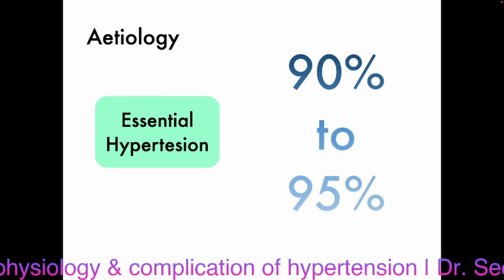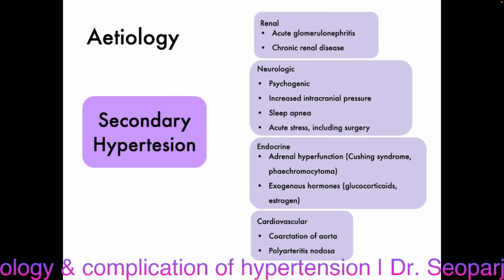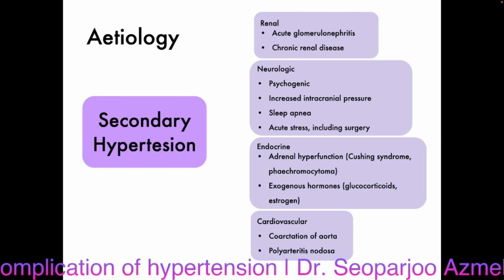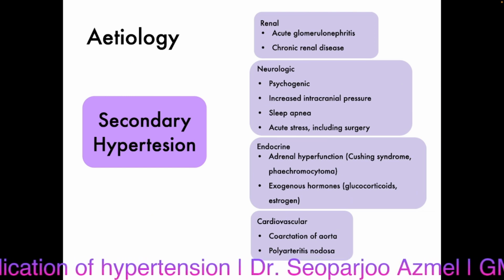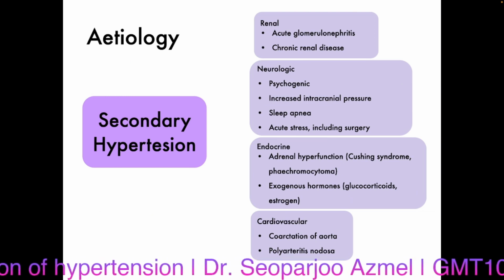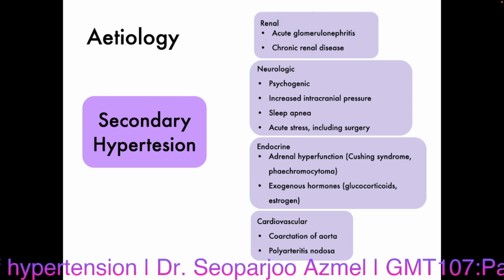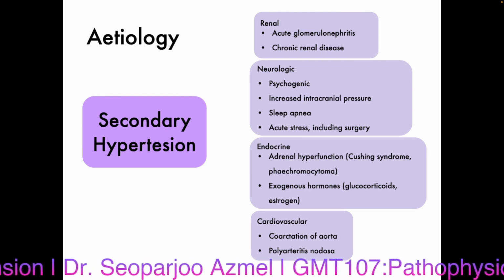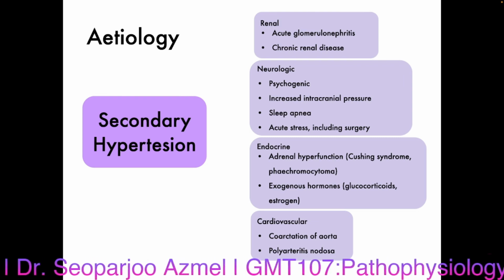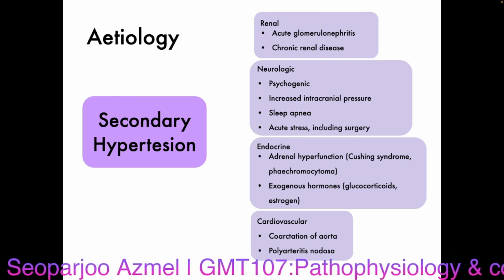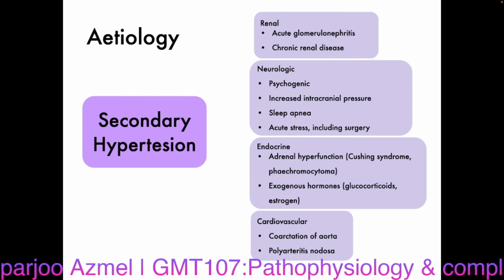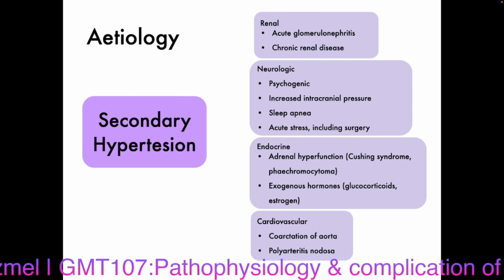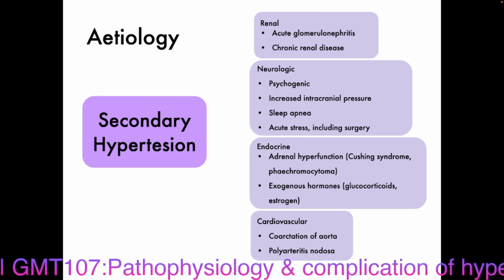Meanwhile, the second type of hypertension is secondary hypertension, which is caused by pathology in a few organs that leads to hypertension. For example, in the renals, acute glomerulonephritis causes hypertension.